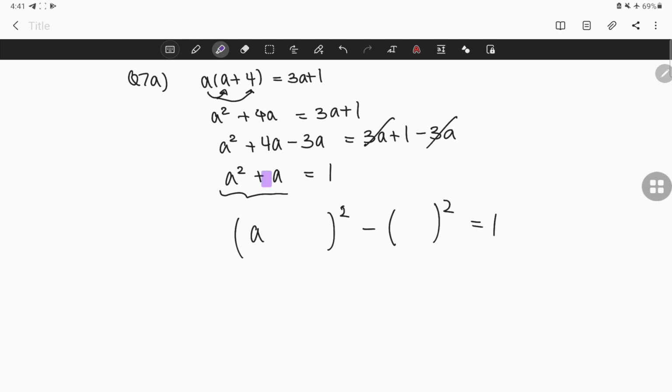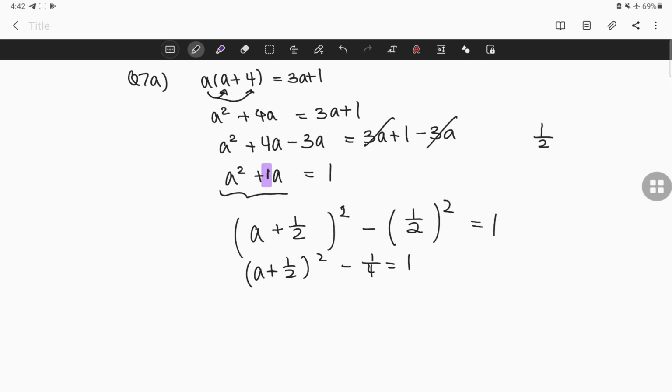Next, the coefficient of a, although it's not written there, is actually 1. So 1 divided by 2 would just be half. So I would have 1 over 2 here, and I would have 1 over 2 in here as well. Simplify this, and I will get a plus half, this whole thing squared, minus 1 over 4, equal to 1.